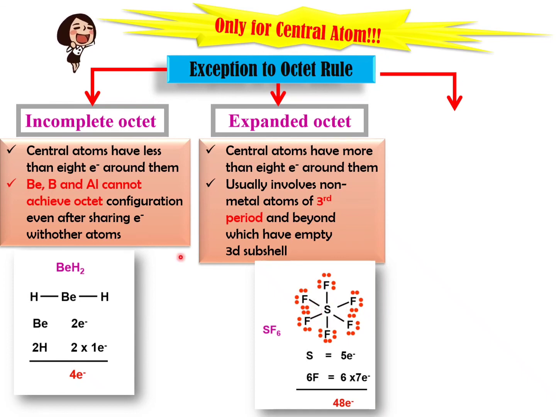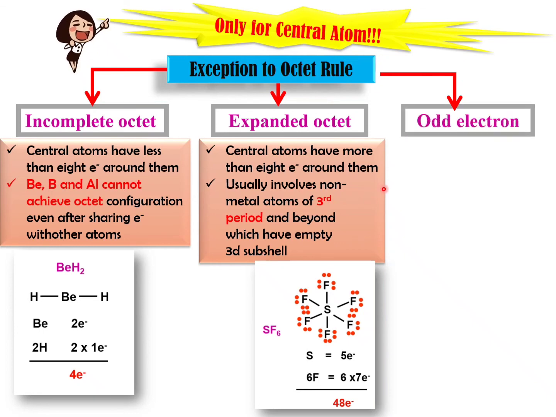Sebab dia ada 6 single bond, so it contain 12 electron. So more than 8 electron around sulfur. So SF6 ni kita classified sebagai expanded octet. Alright? Sebab sulfur kalau you tengok dalam periodic table, dia berada dalam period 3.